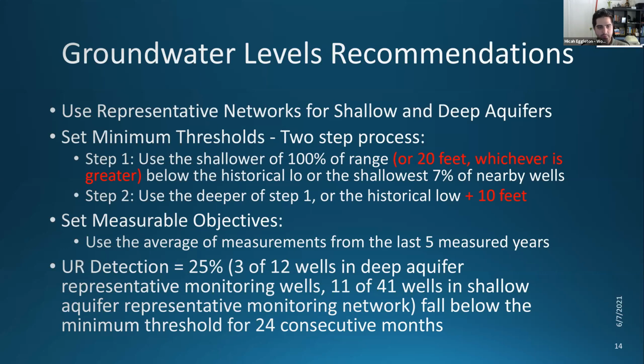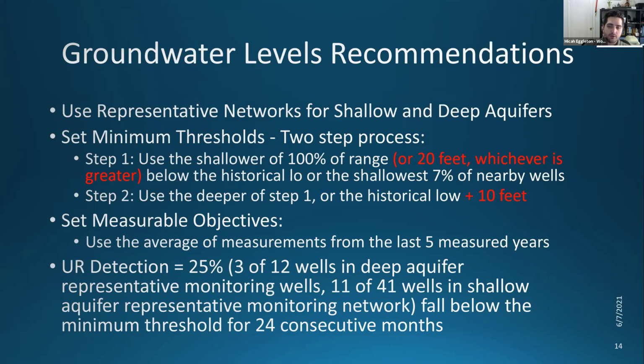So just to be absolutely clear, I've put up the changes that were just discussed in red on this slide. We use this for setting the minimum threshold, and remember this is for the groundwater level monitoring network. Step 1 is to use the shallower of 100% of range below the historical low, or the shallowest 7th percentile of nearby wells.